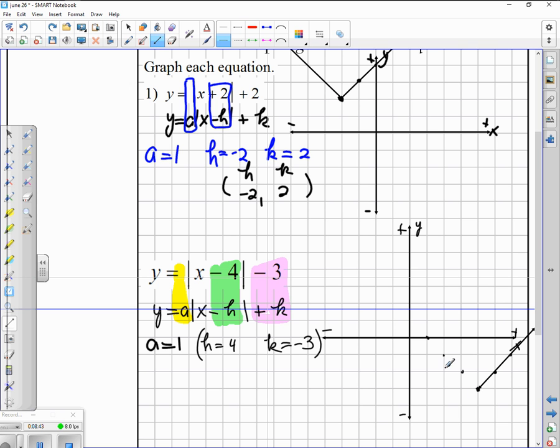Now draw the line and that'll be your graph. As you can see, graphing this is not difficult if you understand the h and the k and what it gives you. Once you find the point, let's call this the vertex, the point in the middle, go 1, 1, 1, and then go 1, 1 in the opposite direction, and that'll be your graph.